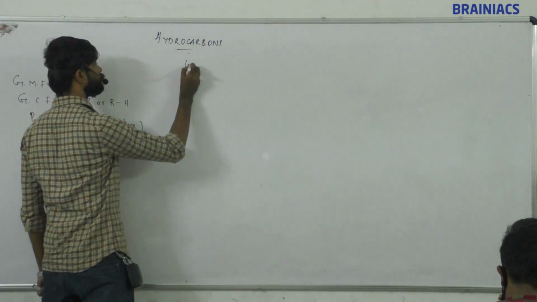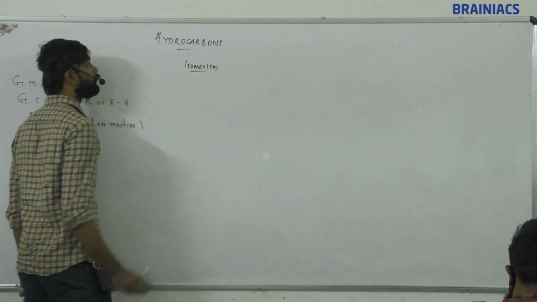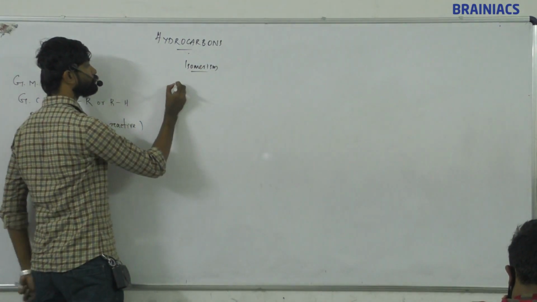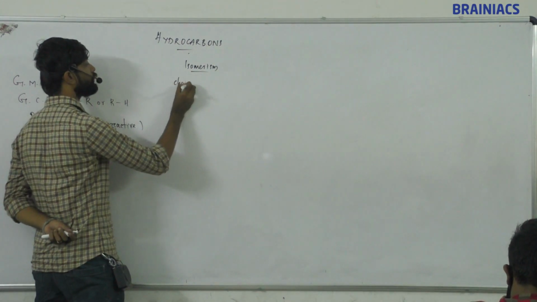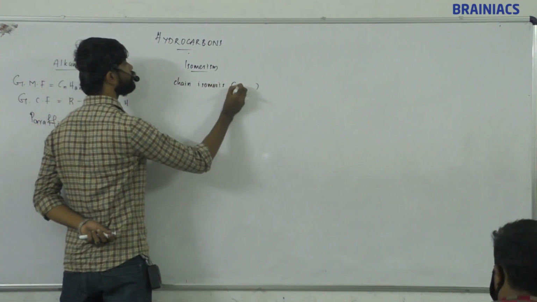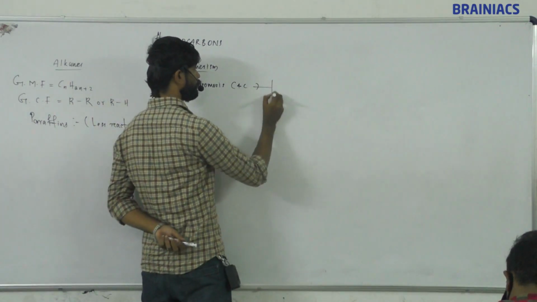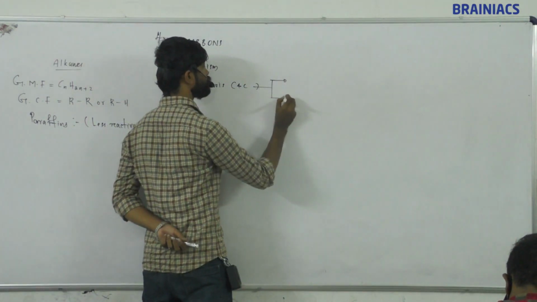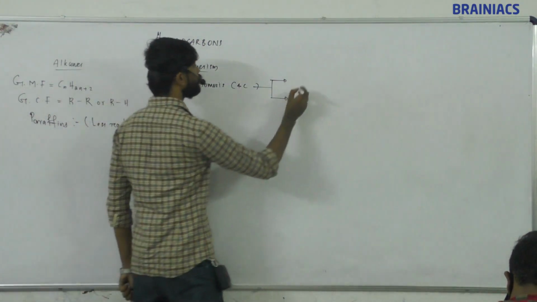So simply, alkane can show chain isomerism if the carbon number is minimum 4. What are they?